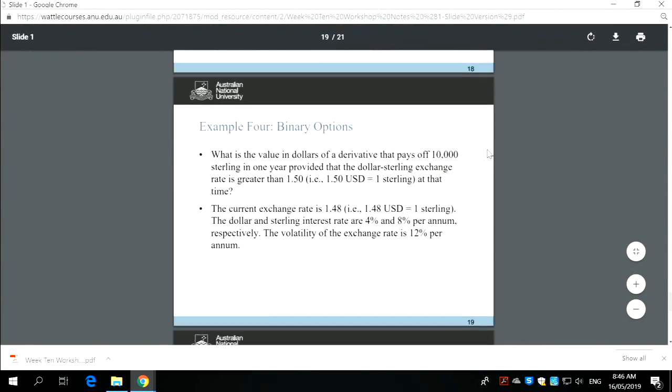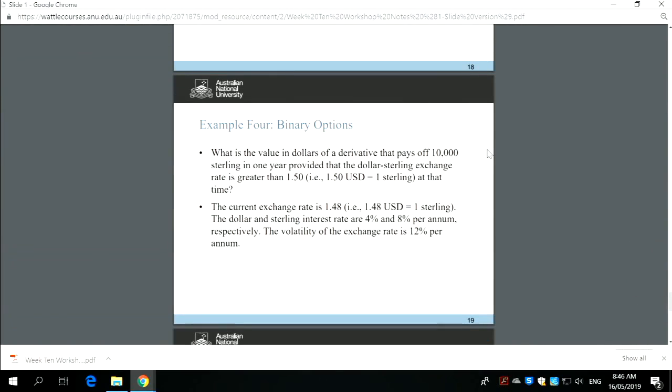So let's have a look at this numerical example here, and let's try to figure out whether we're dealing with an asset-or-nothing call or a cash-or-nothing call. This question says, what is the value in dollar terms of a derivative that pays off 10,000 pounds sterling in 1 year, provided that the dollar-sterling exchange rate is above $1.50?